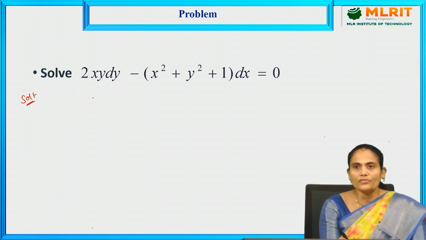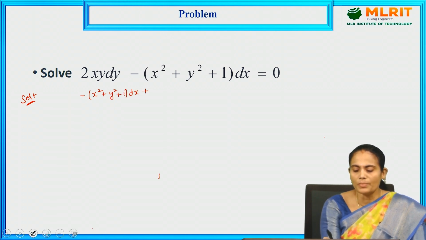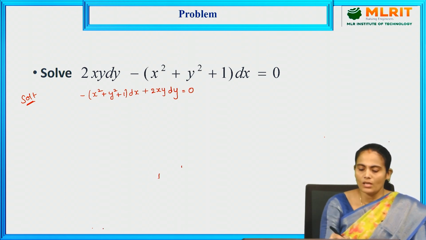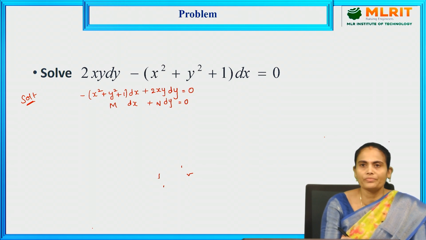First of all, write the given differential equation in the form M dx plus N dy equals 0: minus (x square plus y square plus 1) dx plus 2xy dy equals 0.